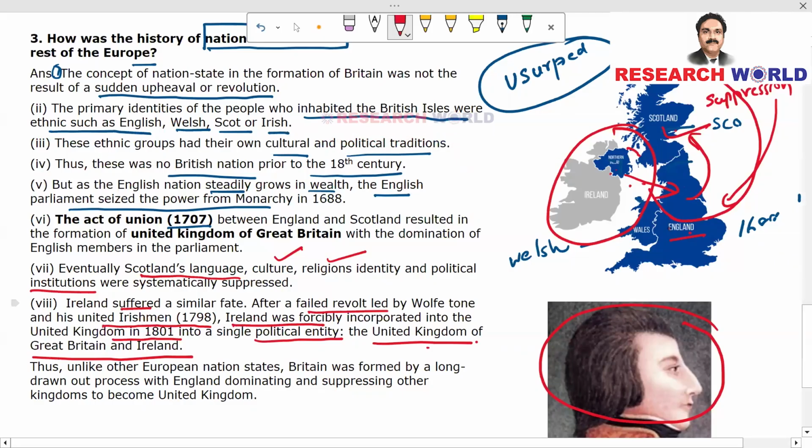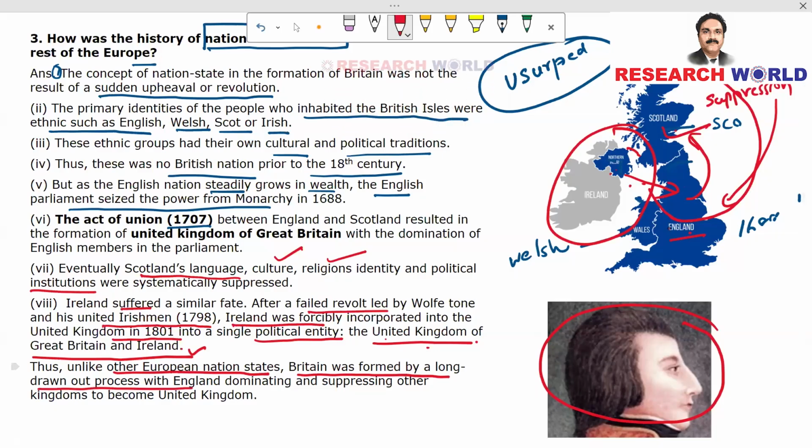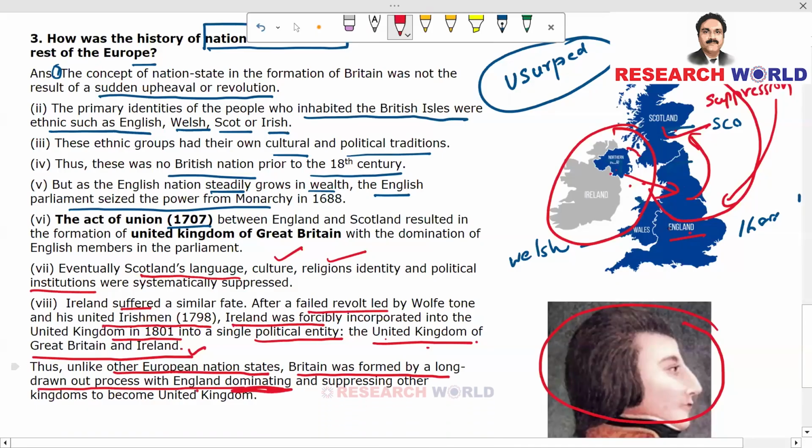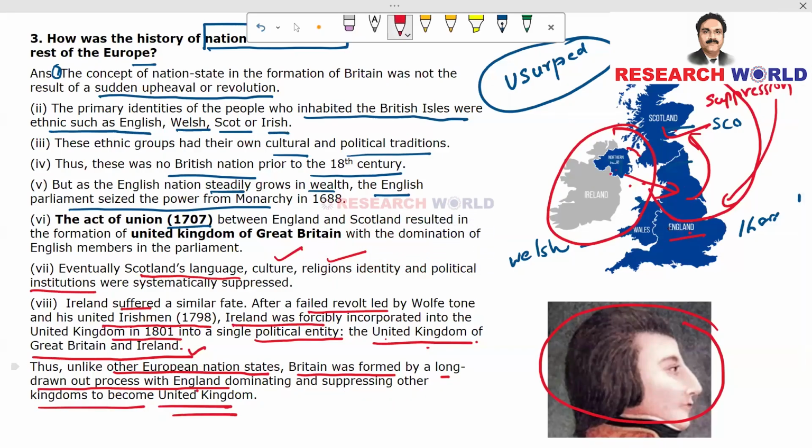Okay, so to the United Kingdom of Great Britain, Ireland was added. So the new political entity is the United Kingdom of Great Britain and Ireland. Thus, unlike other European nations, Britain was formed by a long drawn out process with England dominating and suppressing other kingdoms to become United Kingdom.